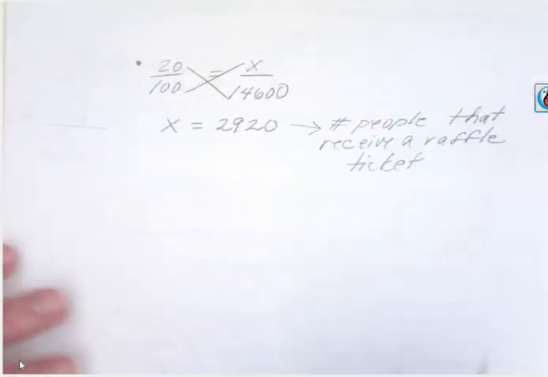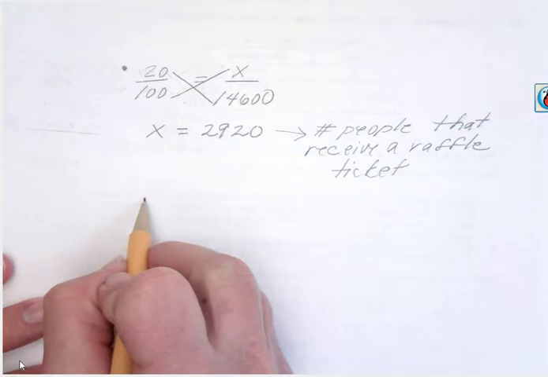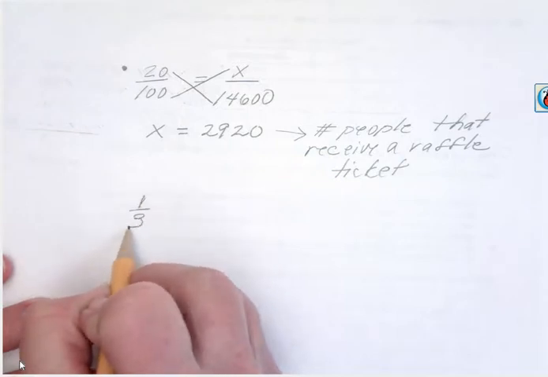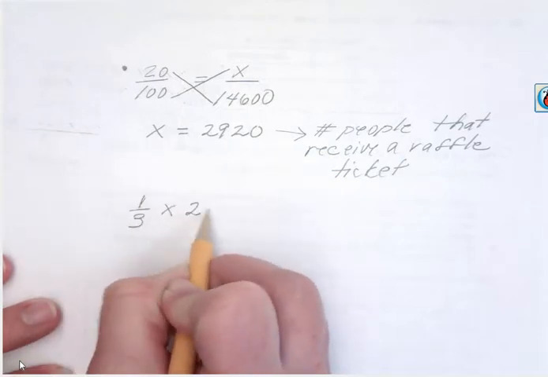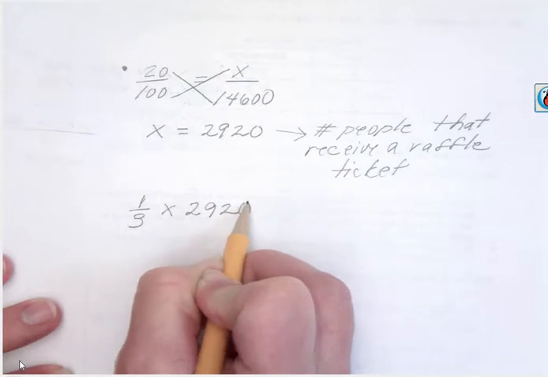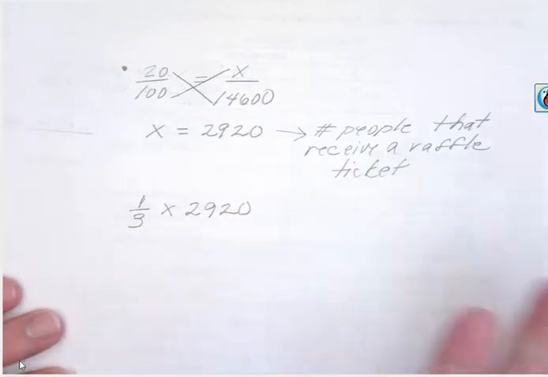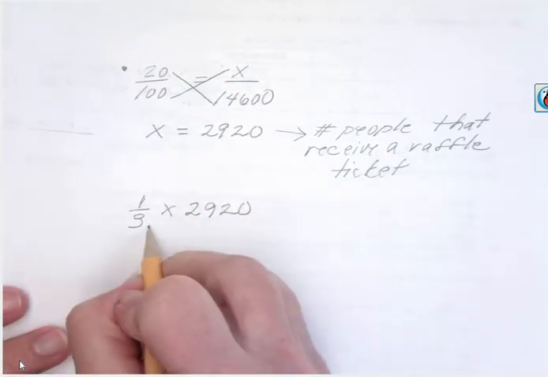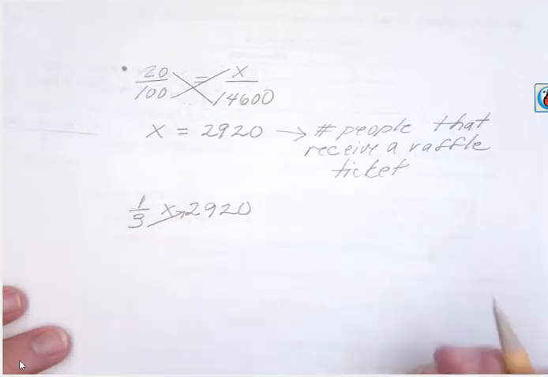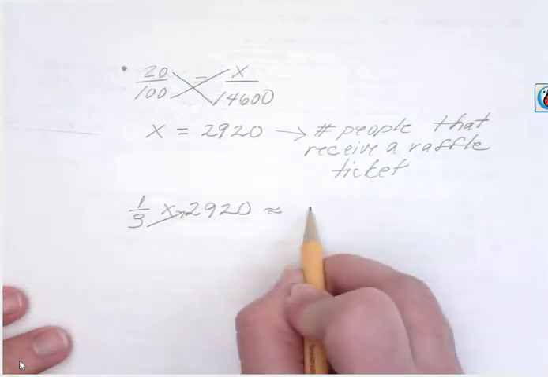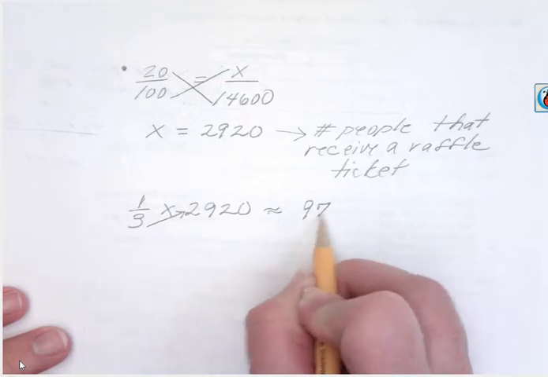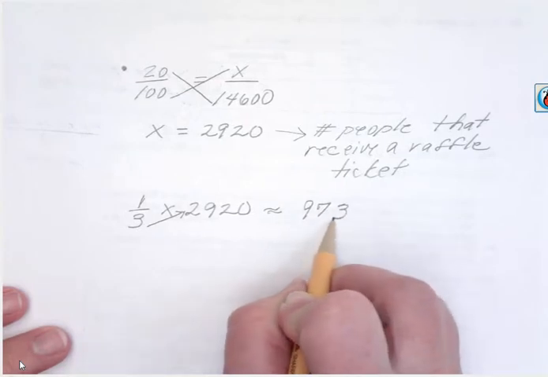I now have to take and find 1/3 of my 2,920 people that will receive a raffle ticket. Which, very simple, we would divide by 3. And we're going to discover that that would be about 973 people.